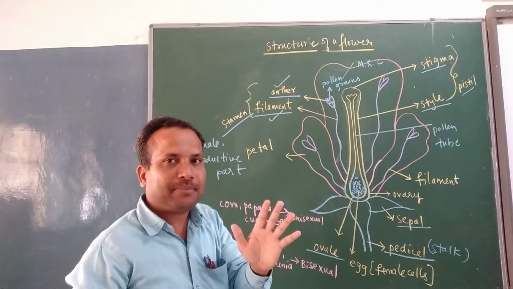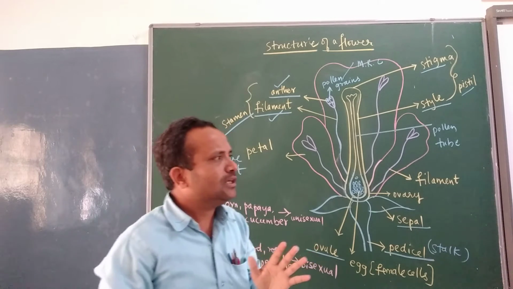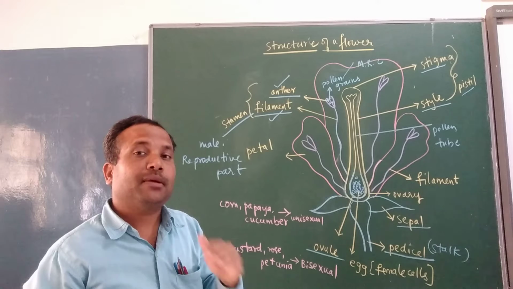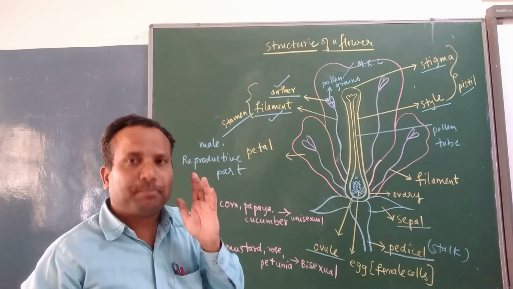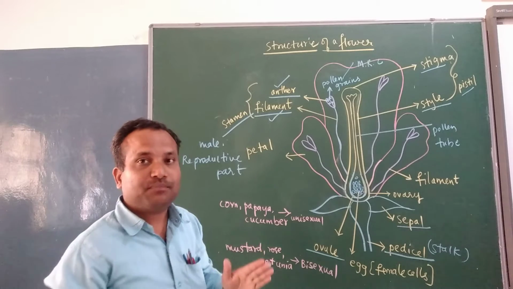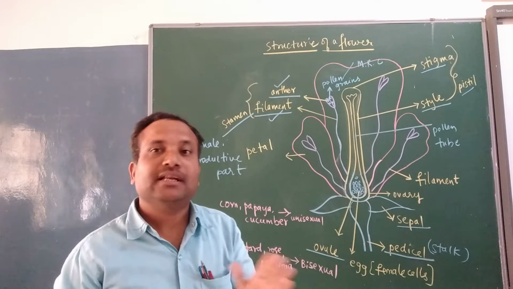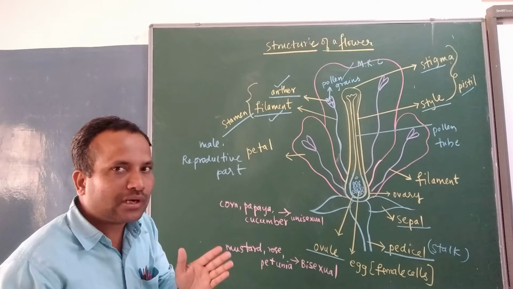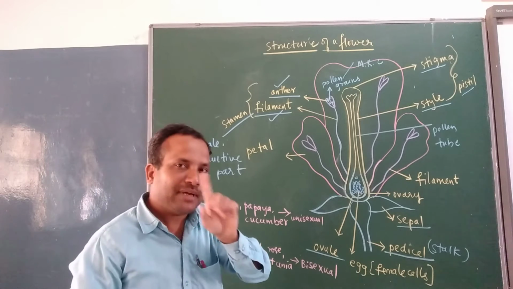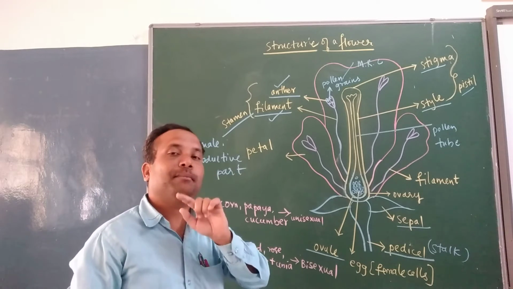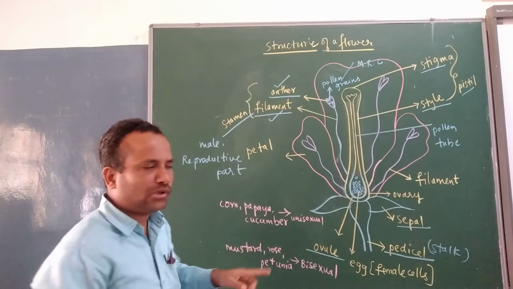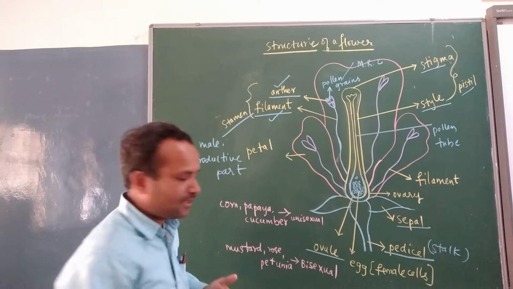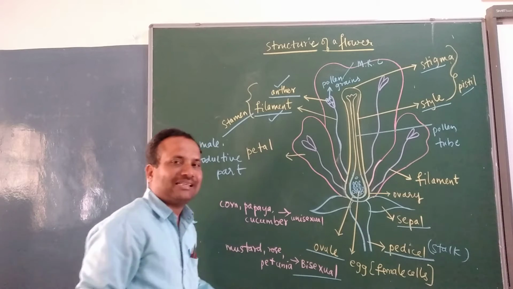It contains a male part and a female part. Some flowers, children, have both a male part and a female part in the same flower. Such plants, which have both reproductive parts, we call bisexual plants.